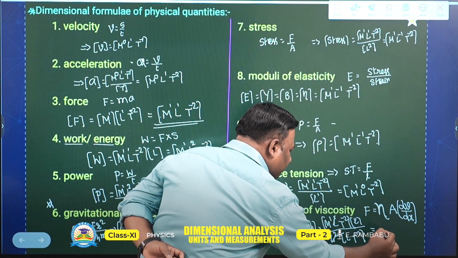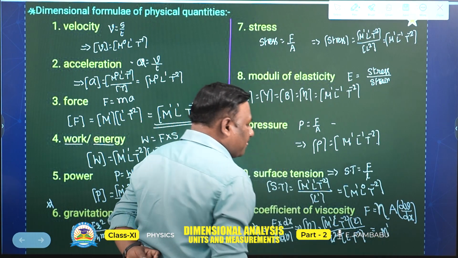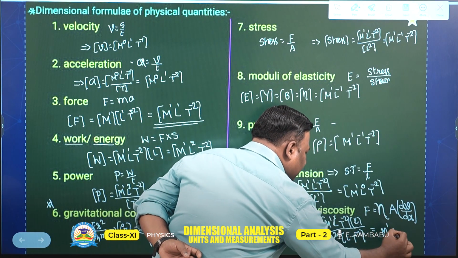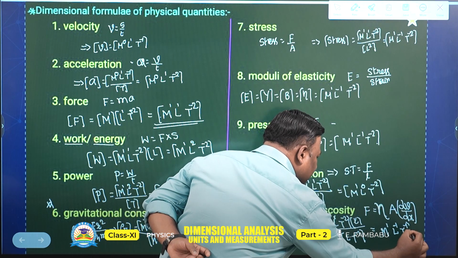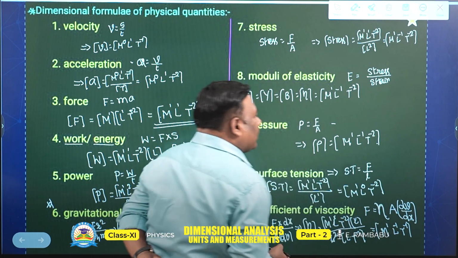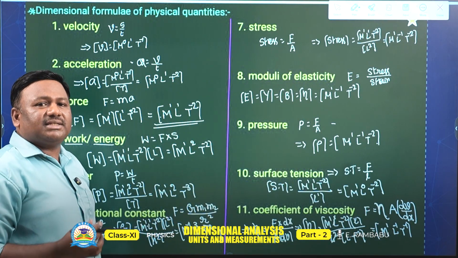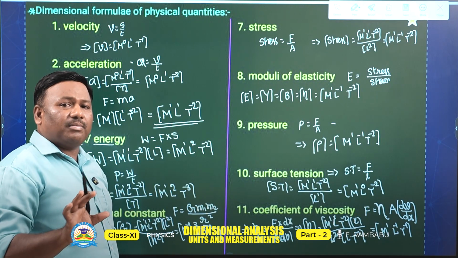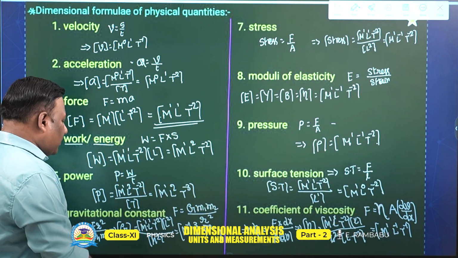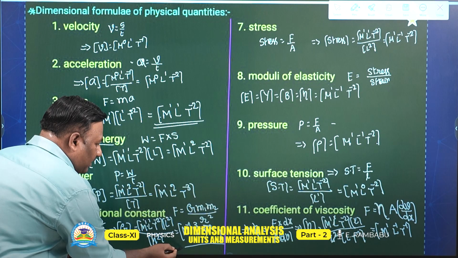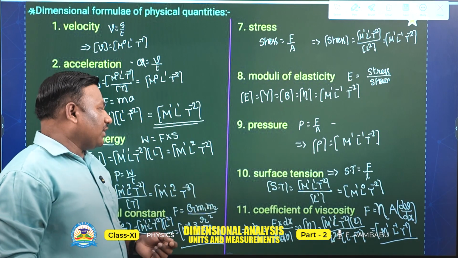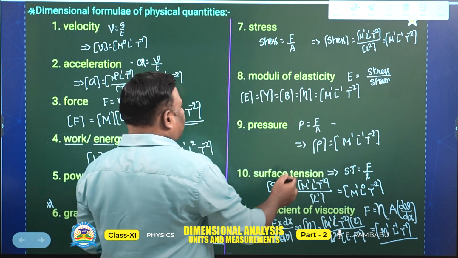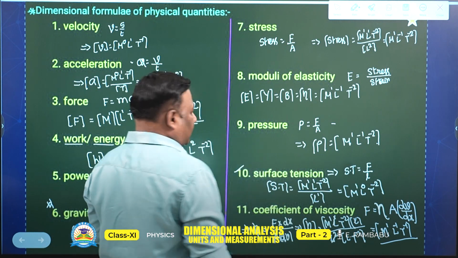So the final dimensional formula of coefficient of viscosity is M to the power 1, L to the power minus 1, T to the power minus 1. These are some standard dimensional formulas which we will generally use in problems. So mainly remember the dimensional formula of gravitational constant, the coefficient of viscosity, and surface tension.